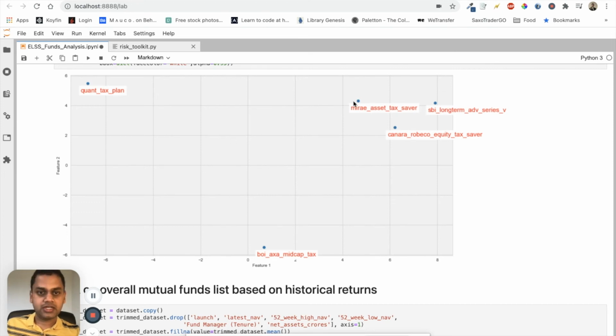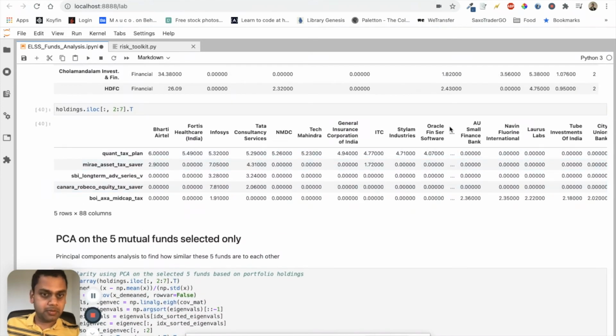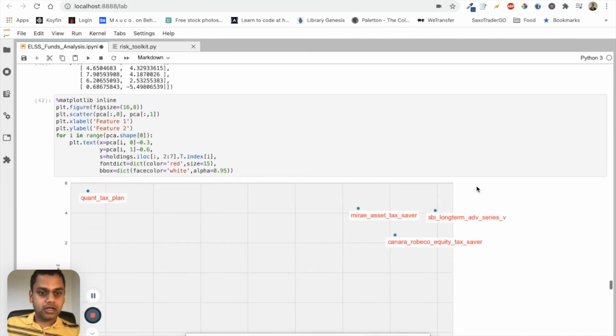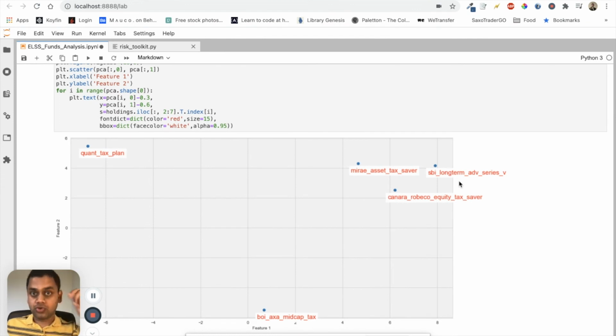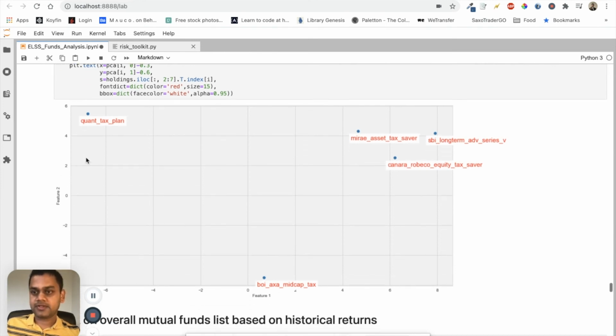You can see that these 3 funds are fairly similar from the portfolio holdings perspective. The features are portfolio holdings, so the similarity is in terms of those original features. Quantax Plan is quite different, and the BOA AXA mid-cap fund is also quite different. So if you're looking to invest in 2 or 3 different funds, you just have to pick these, and one of these 3, and invest in them in whatever proportion you think is appropriate.